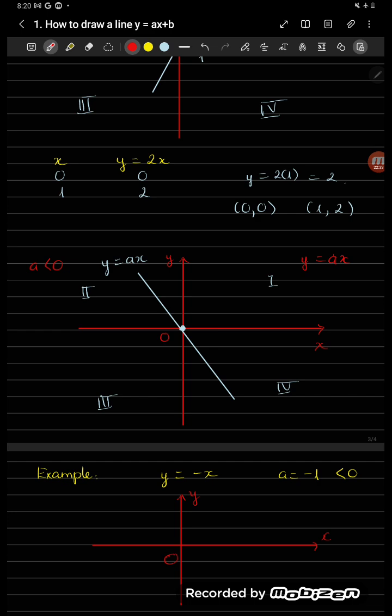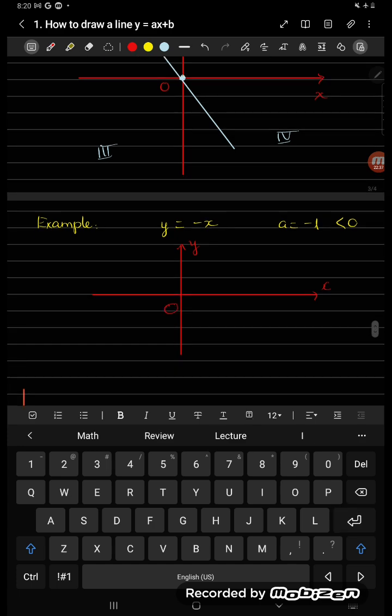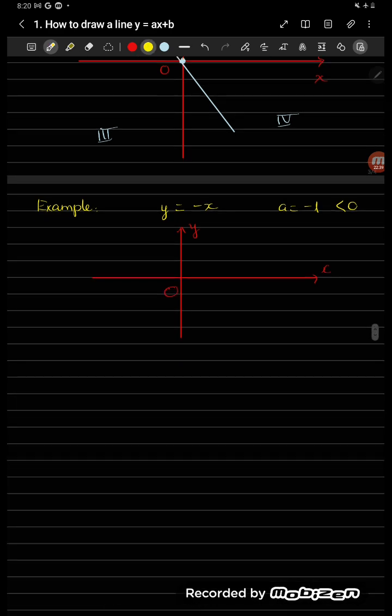Because it is ax, it means it will pass the origin.